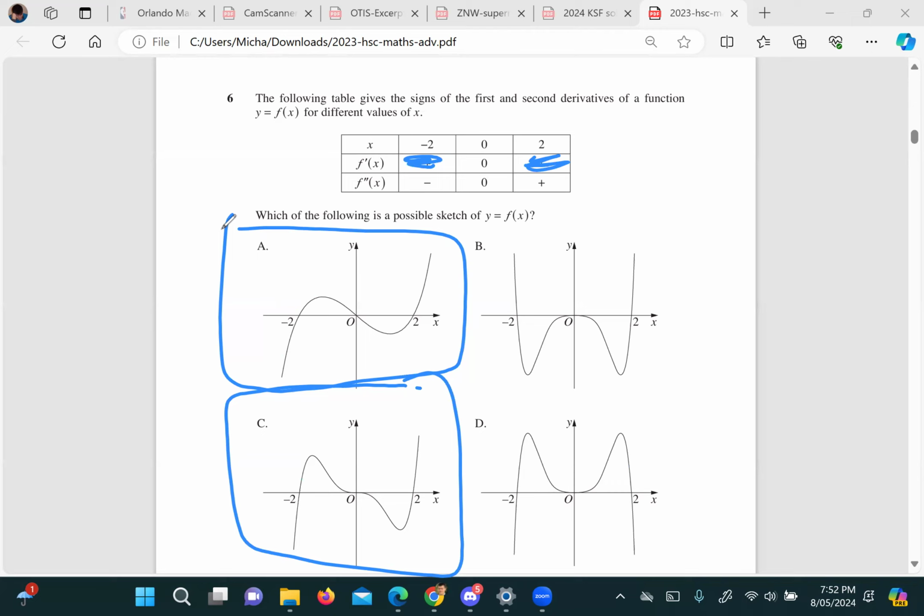I'm assuming Jonah already knows. Can you see which one it is? I guess this thing is a little bit of a giveaway.